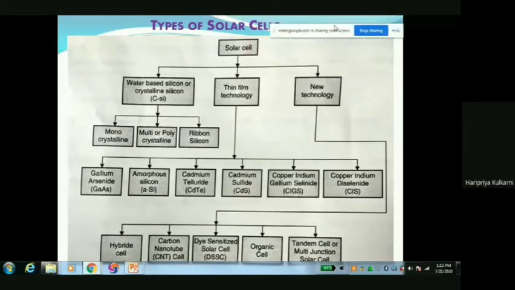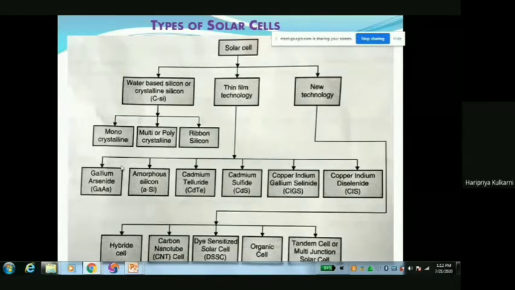In the first type, which is wafer-based silicon or crystalline silicon, there are three basic types: monocrystalline, multicrystalline, and ribbon silicon. In thin film technology, there is gallium arsenide, amorphous silicon, cadmium telluride.